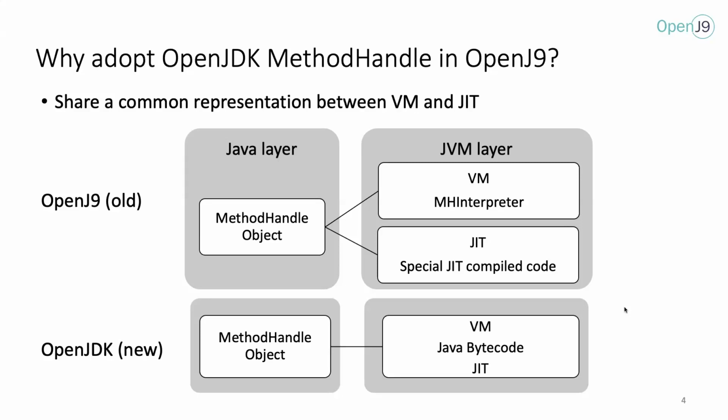Each type of method handle previously would require some native code support in both the VM and the JIT. In the OpenJDK implementation, different method handle operations will map to different Java bytecodes generated in the JCL, and there will therefore be no need for the extra developer effort in providing the native support.